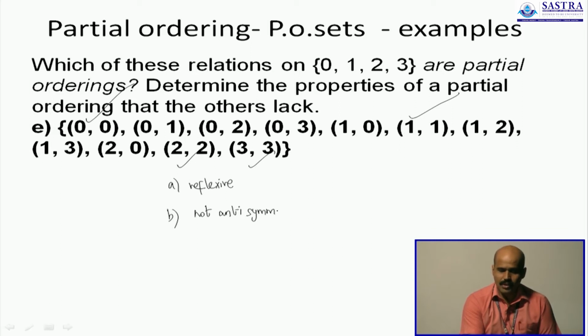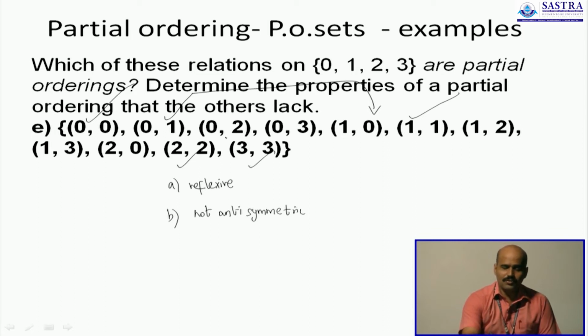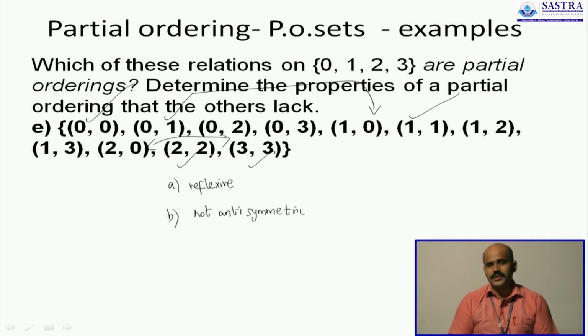This happens to be not antisymmetric because you can find two distinct elements. You have 0, 1, but you also have 1, 0. You are supposed to have only one of them present as a part of the relation. You don't find that happening here. Similarly, you have 0, 2 and you also have 2, 0. 0 and 2 are distinct elements, but both possible pairs are present in the relation.